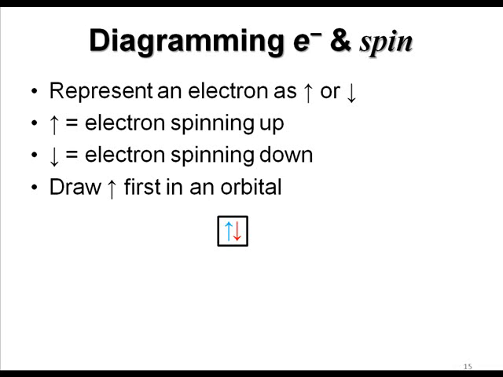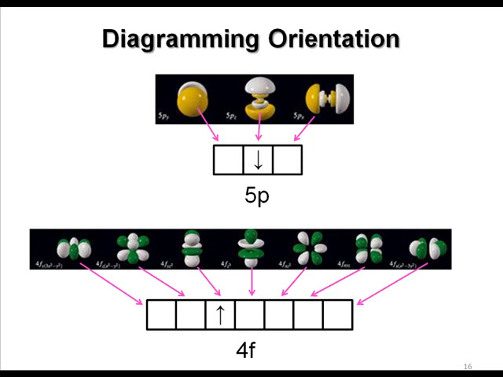The rule says you draw the arrow up first in an orbital, and then you draw it down in the same orbital but in a different orientation. So let's take a look at this.